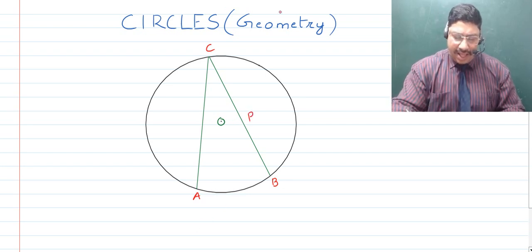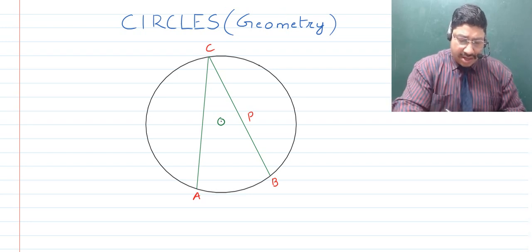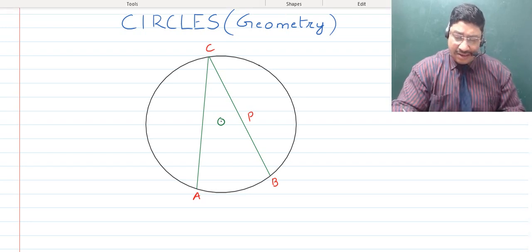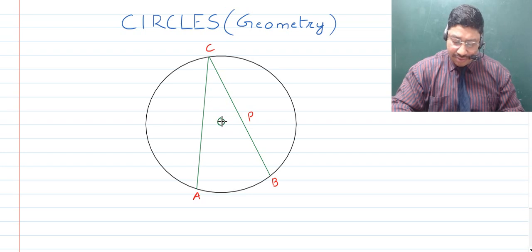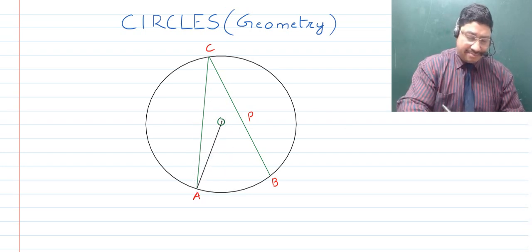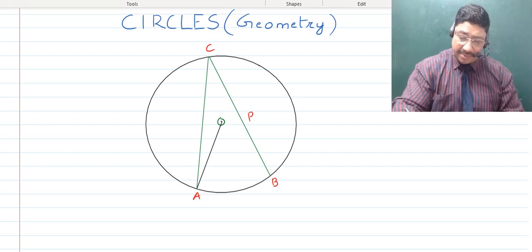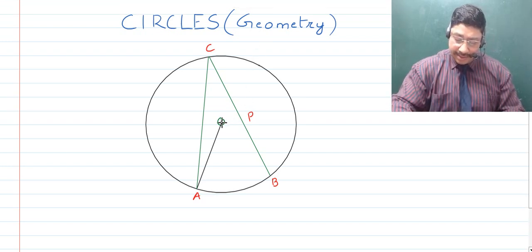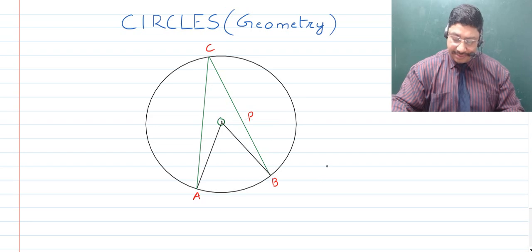Now, if you talk about another angle, that is the angle formed at the center of the circle using the same arc AB, it can be represented this way.